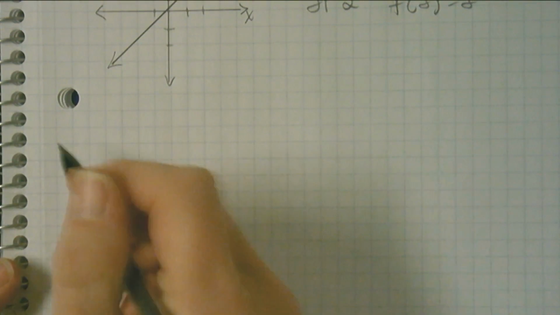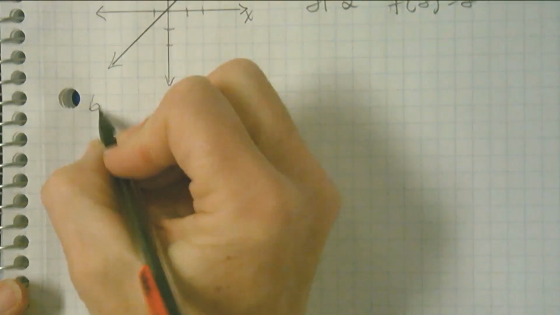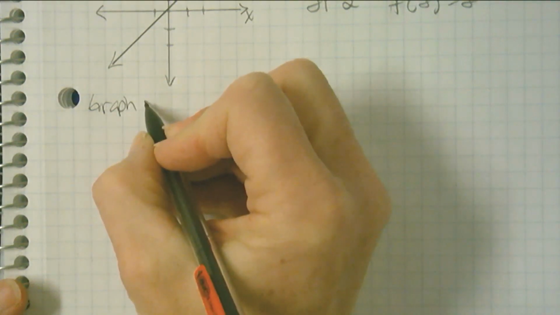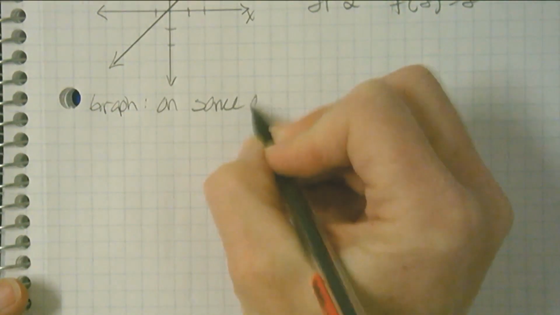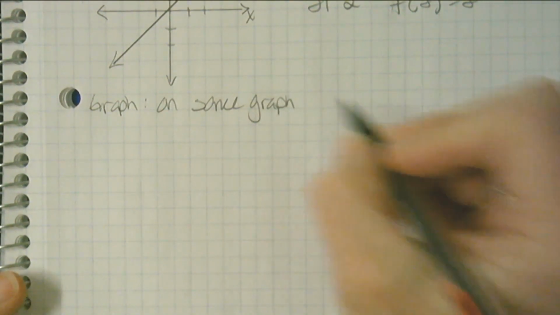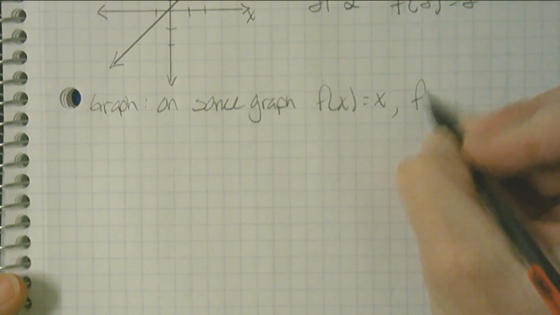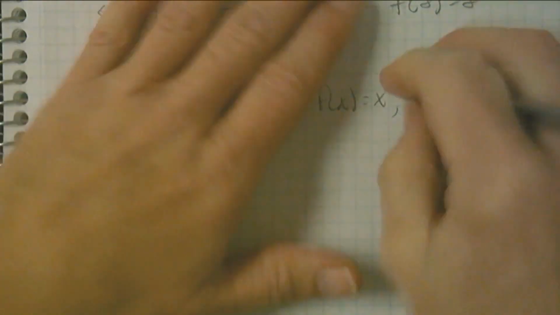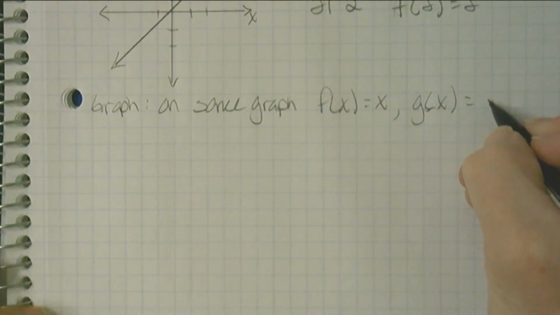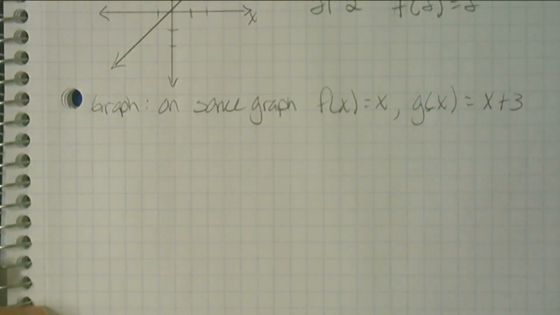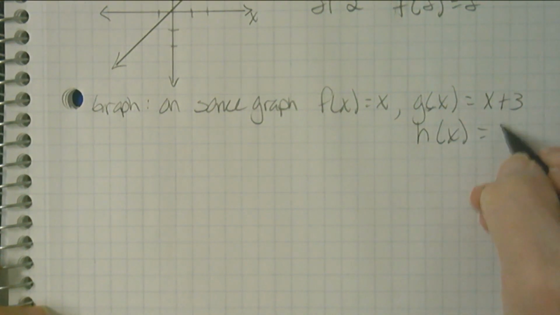We're just going to make one table for all of it. So I want you to graph on the same graph f of x is equal to x, g of x equals x plus 3, and then h of x is equal to 2x.